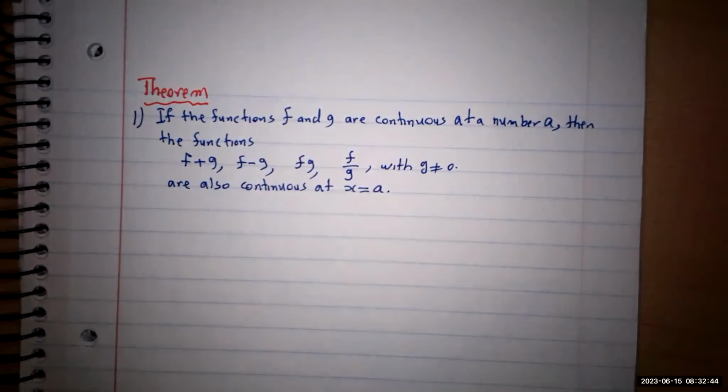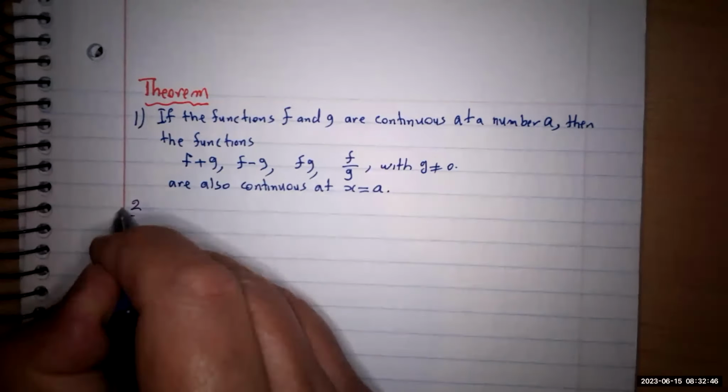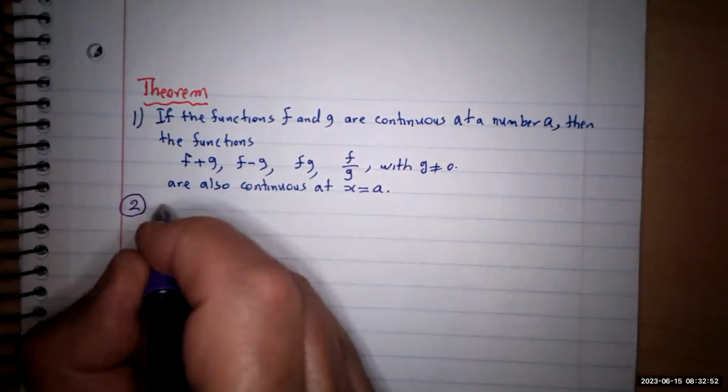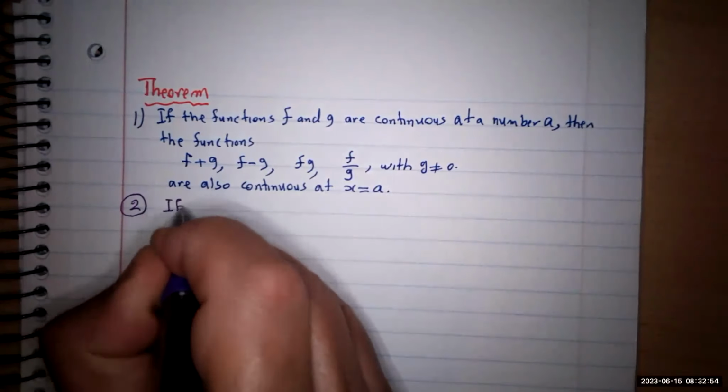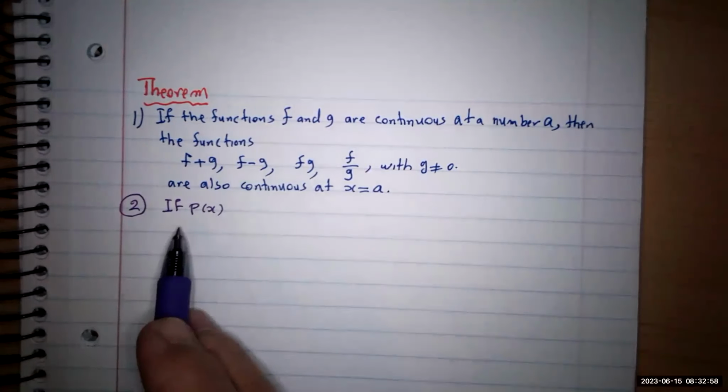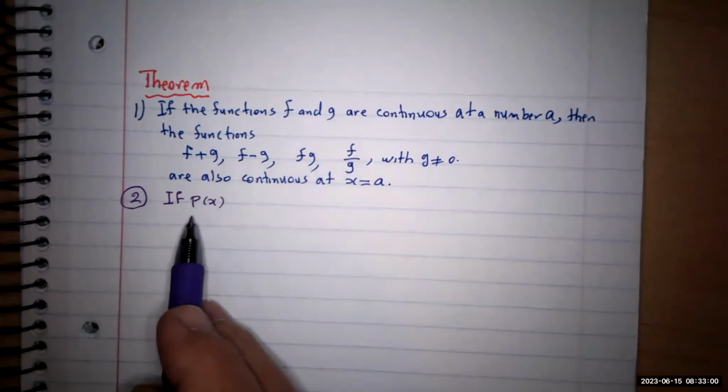The key one is this one. Polynomials. Polynomials are continuous forever. That will help you quite a lot again. You can solve all the problems using this one only.